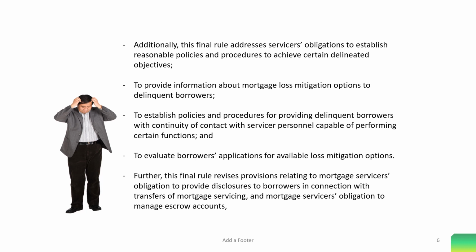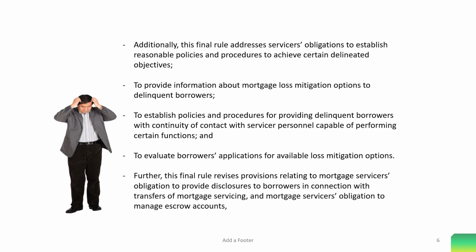We also refer to these practices, procedures, and policies for providing delinquent borrowers with continuity of contact with servicer personnel capable of performing certain functions. What does that mean? That means upon servicing transfer, you're entitled to honest, straightforward answers by people that don't have to put you on hold, make you wait, and then say, we'll get back to you.